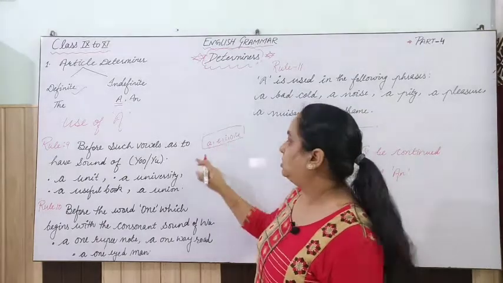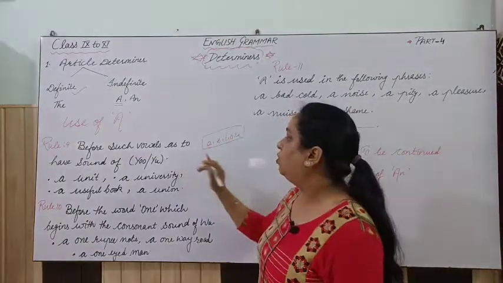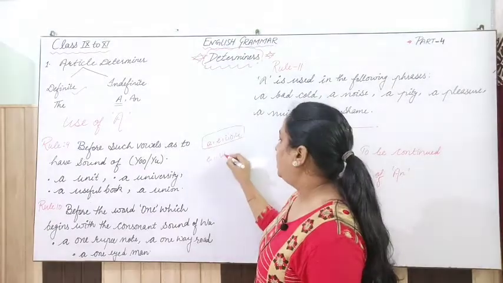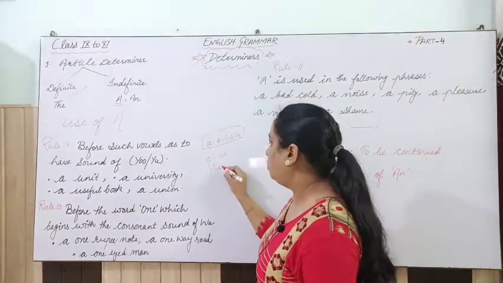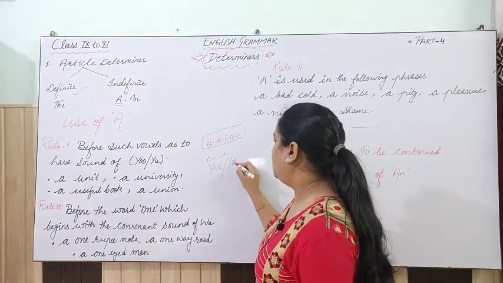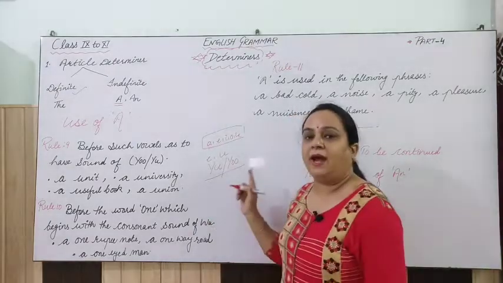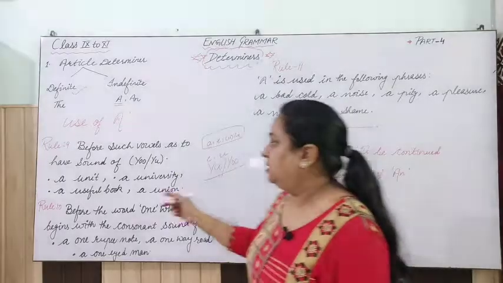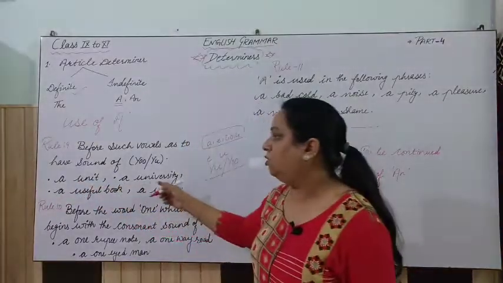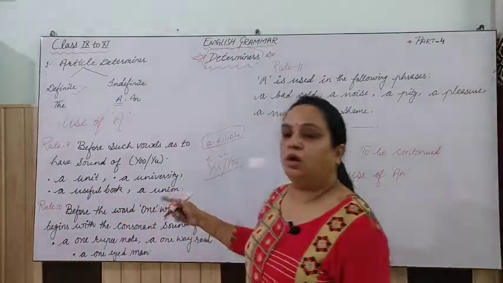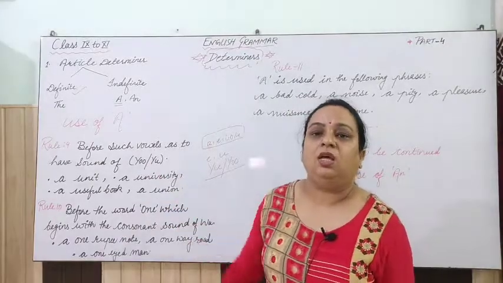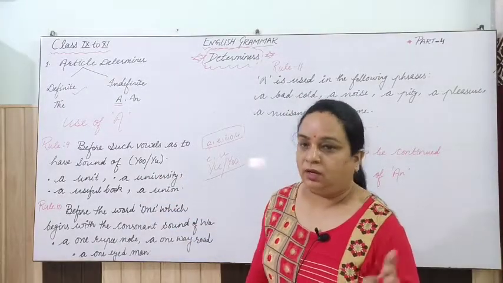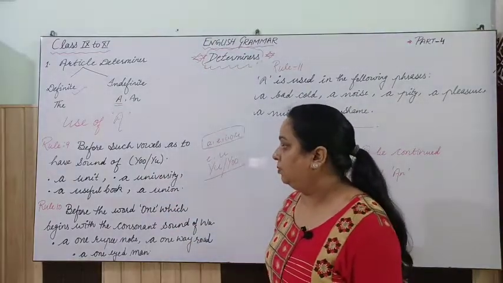If they are giving the sound of u, like when we talk about u and e, then at that place you have to use a with that. Examples are given here: a unit, a university, a useful book, a union, and we have done a European, right? That was the first rule which we did.